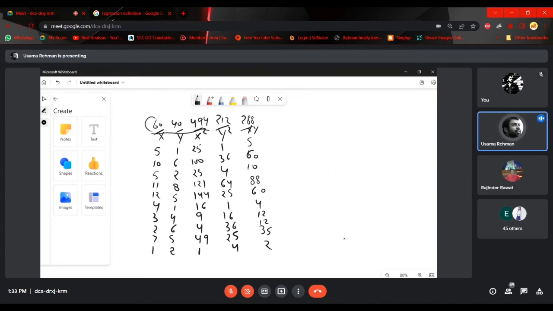So we have 5 values and we would be using all of them to find out a correlation. So we have a formula here which we need to apply.